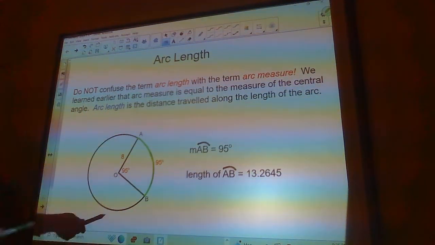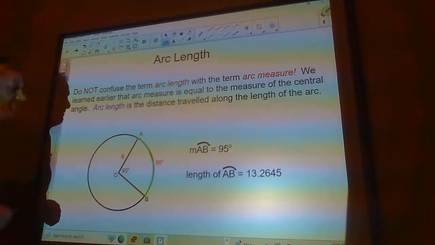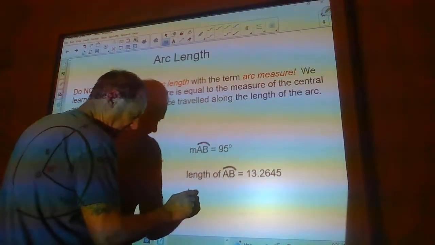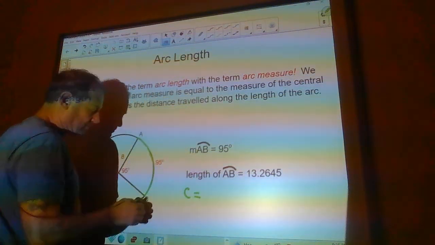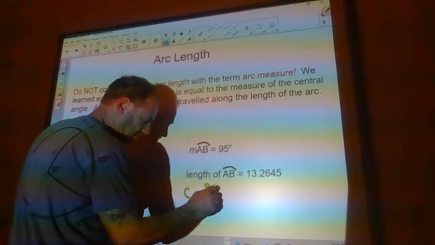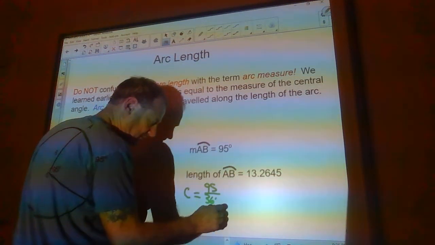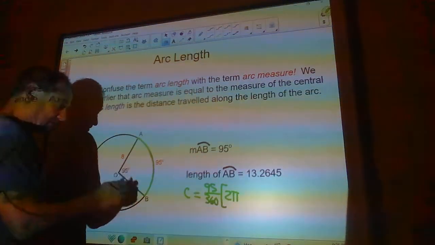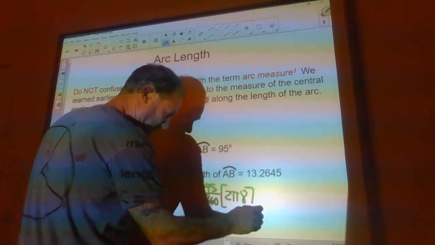In that case, that would be 13.2645 units. Okay, and I would find that by taking part of the circumference, so we'll just call it C, but that would be 95 360ths times the circumference, so 2 pi times 8.